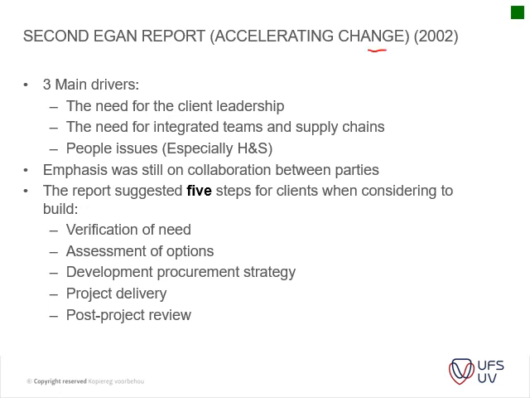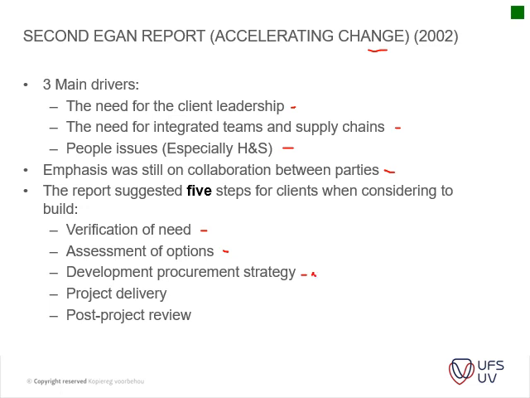Then there was a second Egan report, which was published in 2002, and then they highlighted the need for the client leadership, the need for integrated teams and supply chains, and people issues, health and safety became quite important at this stage. Emphasis was still on collaboration between the parties. The report suggested 5 steps for clients when considering a build. Verification of the need, assessment of the options, development of a procurement strategy.